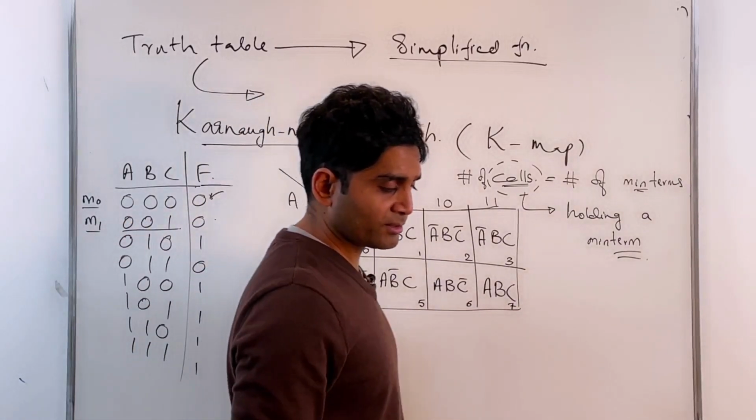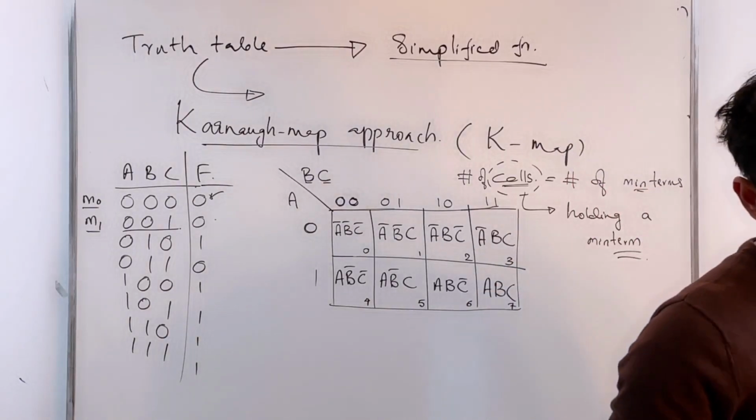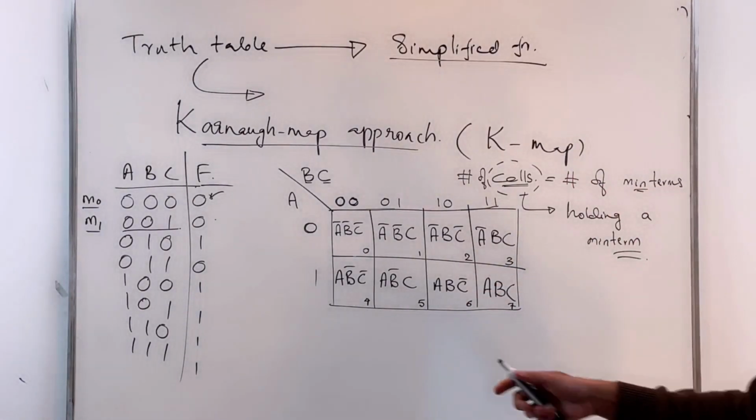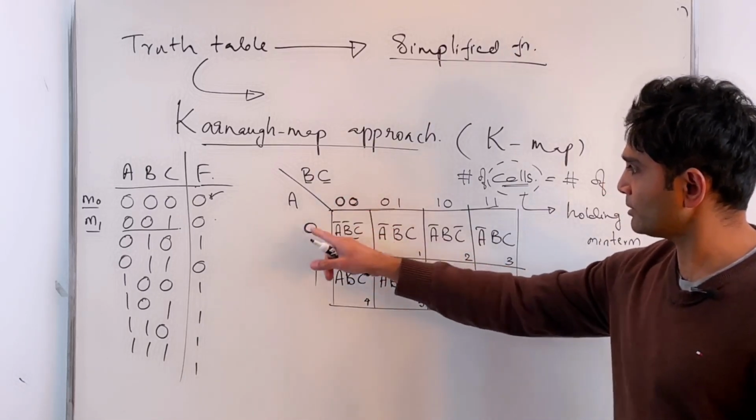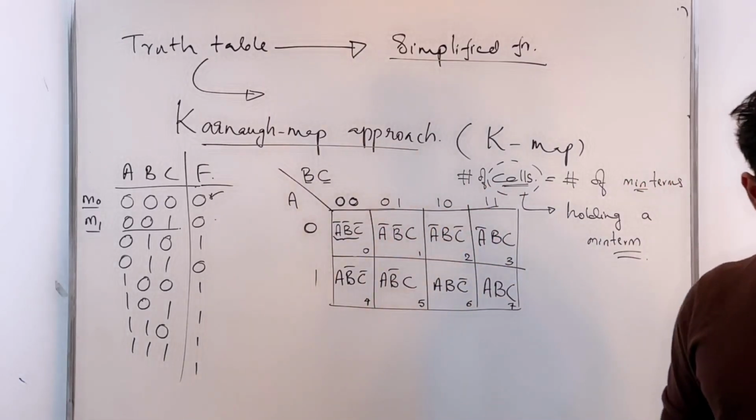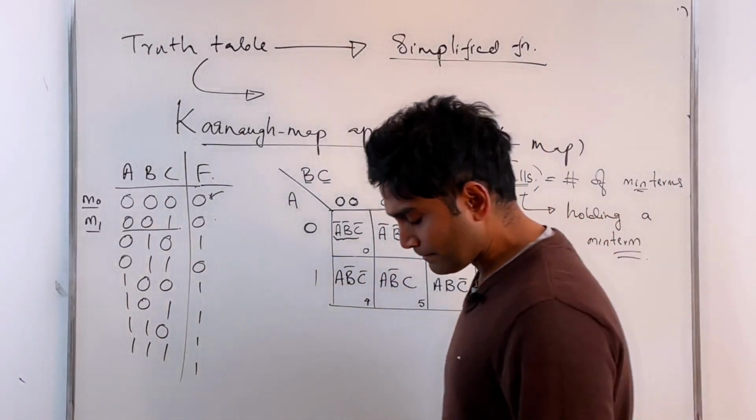So I have 8 cells. Each cell holds a minterm, and the minterms themselves correspond to these combinations of the inputs. So that's your K-map. Okay.